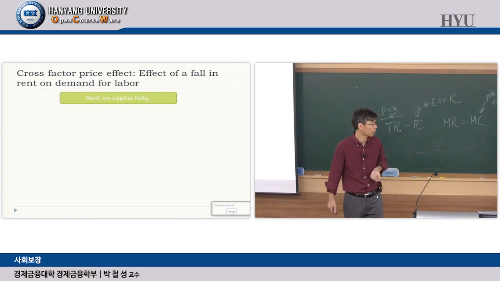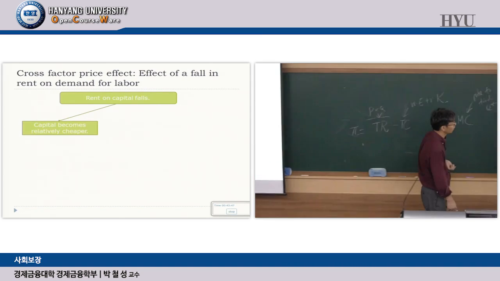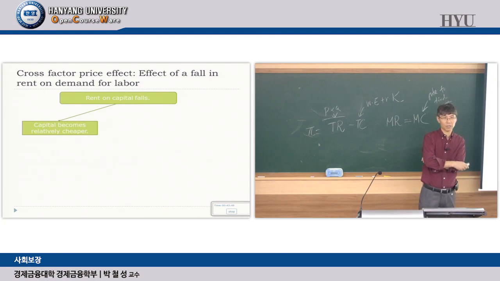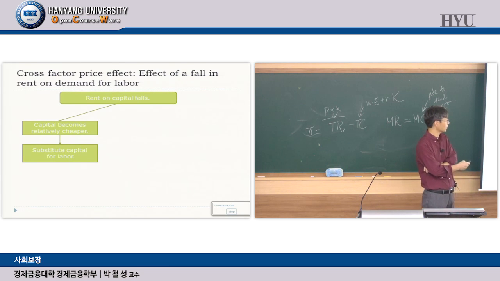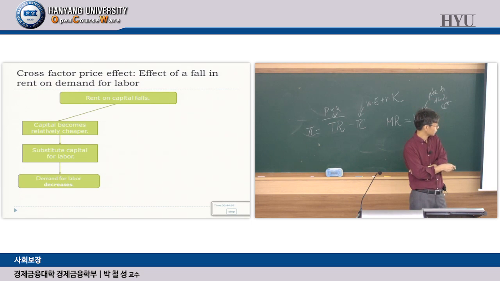Let's say the rent on capital falls, so capital becomes relatively cheaper, so they substitute capital for labor. They can do that in the long run. They will buy more machines, and let's say they lay off some people. What happens? Demand for labor decreases, obviously.